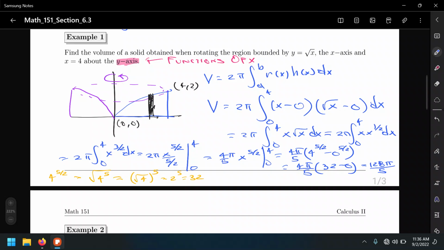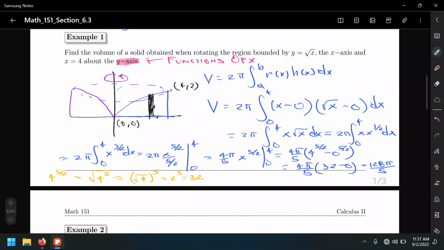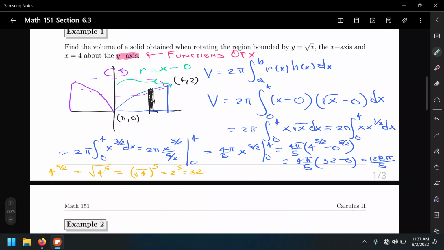I'm a little bit confused on how you got x for r of x. Could you go over that again, please? Yes. So, the radius of the solid given by r, that's extending in the horizontal direction, x minus, in this case, the position of the axis of rotation, which in this case is 0.